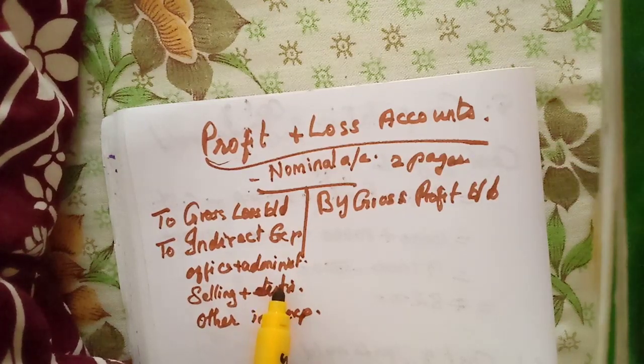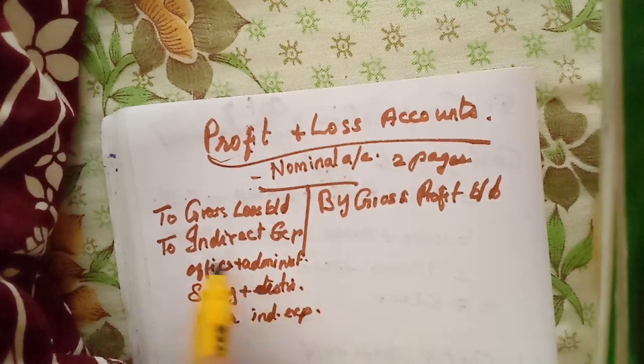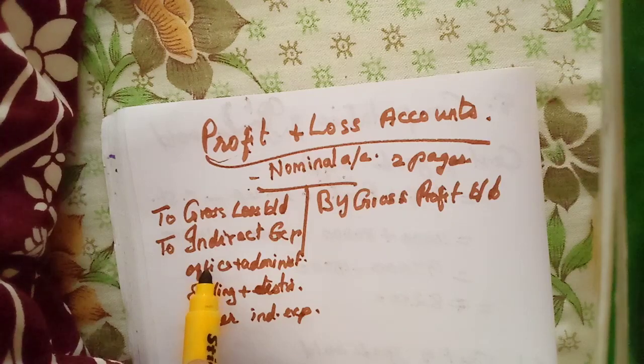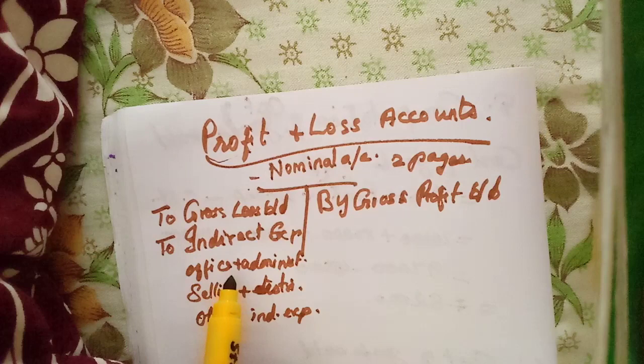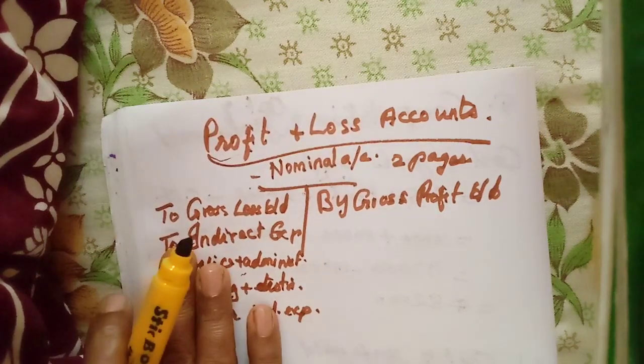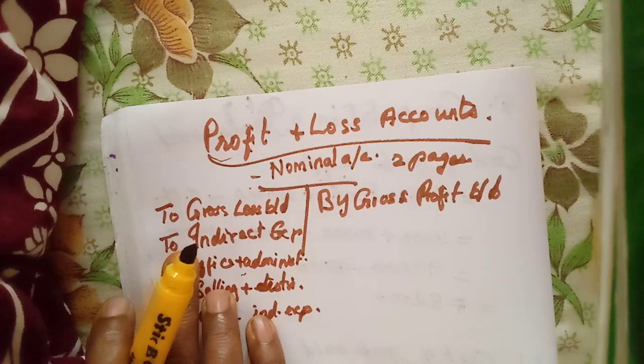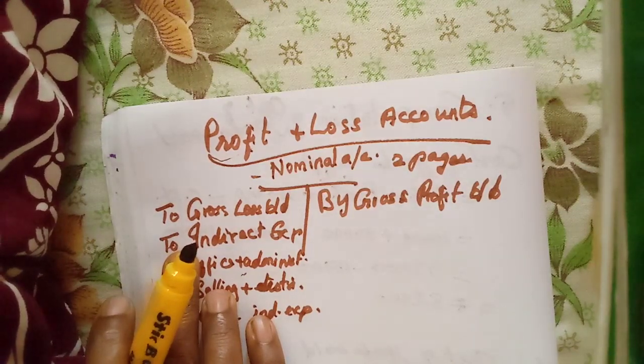All the expenses that are related to the office. For example, we will pay salary for the office staff, isn't it? Then we may pay rent for the office or the electricity charges for the office. Then printing and postage, we may post some letters related to the mail.